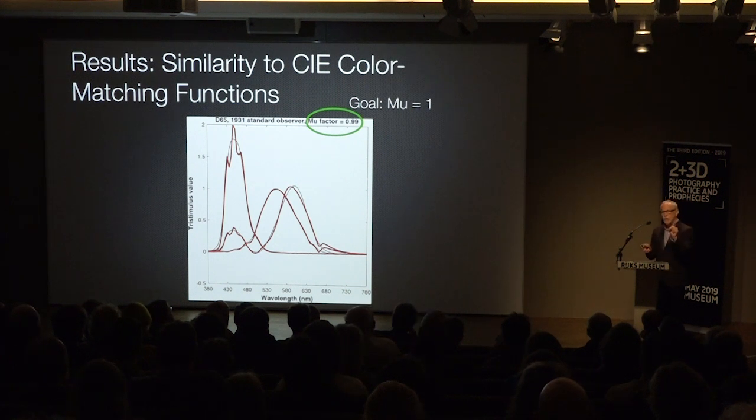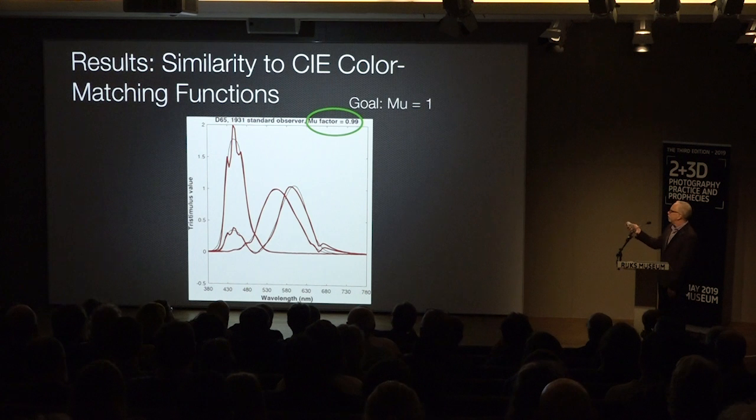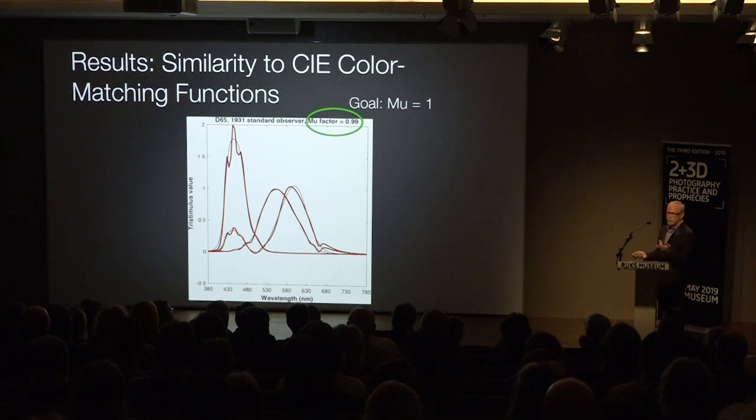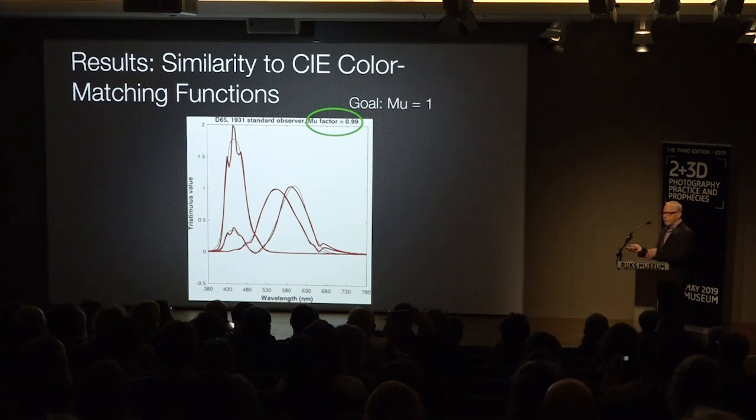And so you want your camera to match those shapes. So that's the goal here, match the shapes. There's a metric called mu factor, and I'm not going to explain it, and if you know it, you already know it. The goal is to get that mu factor as close to 1 as possible. 1, good, okay. And usually in the kind of imaging world we're in, you want the number to be above 0.9.